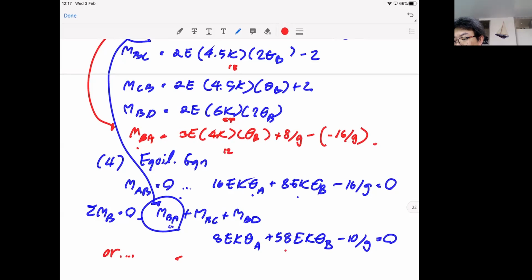Somewhat, okay. Maybe you can check me later. 56 EK zeta B, and then let me, it's 18. 42, 50. Huh? So 54, right? That's 58. 54, and then you have this. So that's 24 over 9 plus 2.